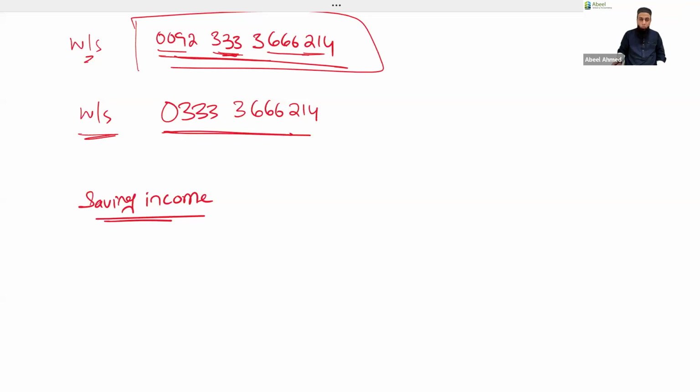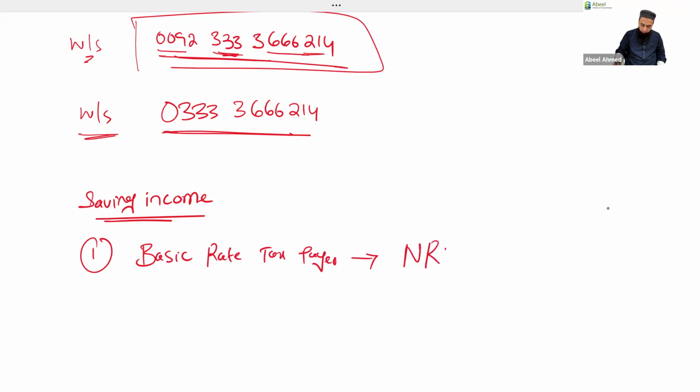How that works, we are discussing right now. Don't worry at all. But right now, you just need to know one thing. Obviously, the income tax rate will be 0%.